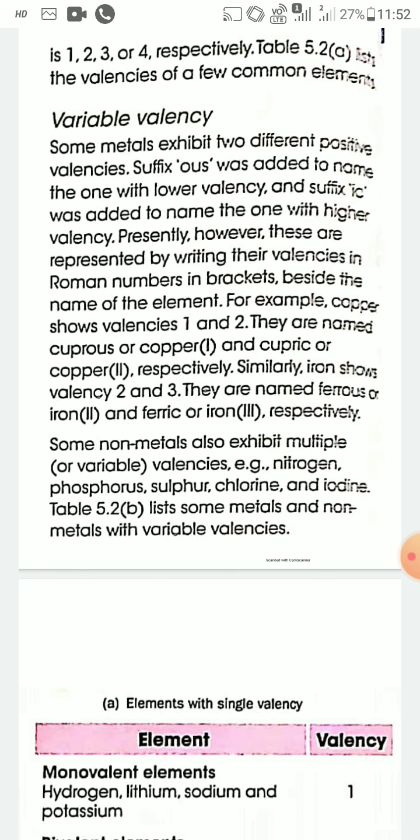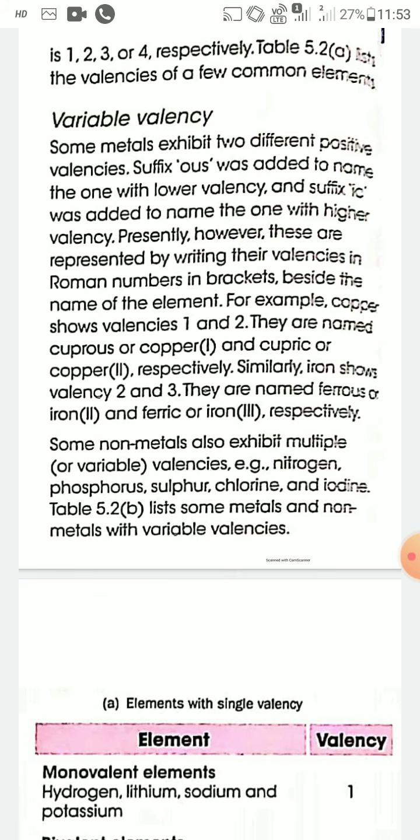For example, copper shows valencies 1 and 2. Therefore, the two valencies of copper are named cuprous, or copper within bracket Roman 1, and cupric, that is copper within bracket Roman 2.